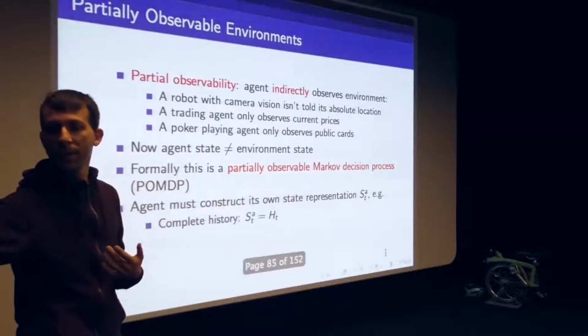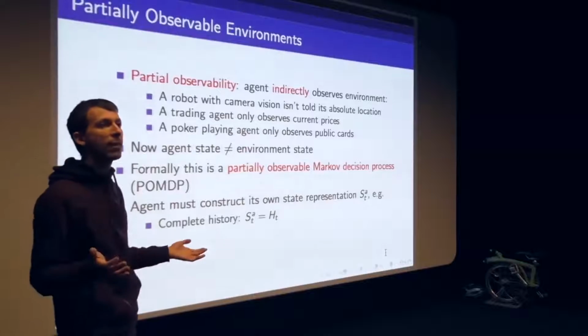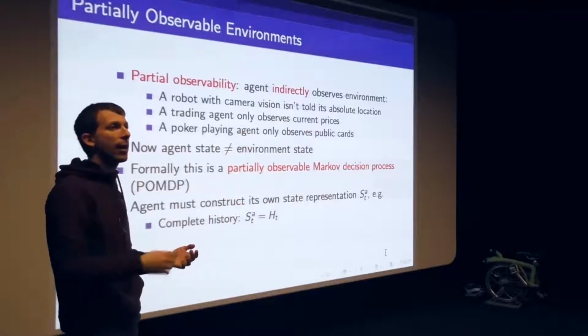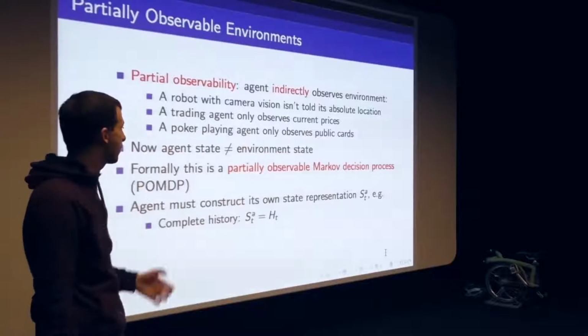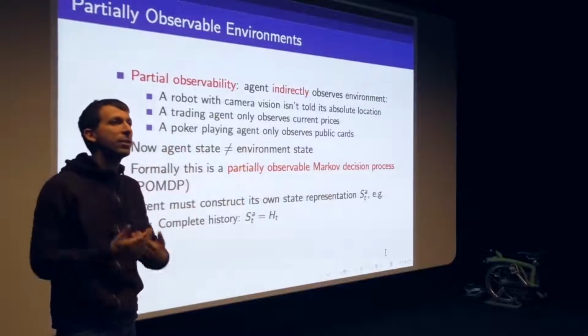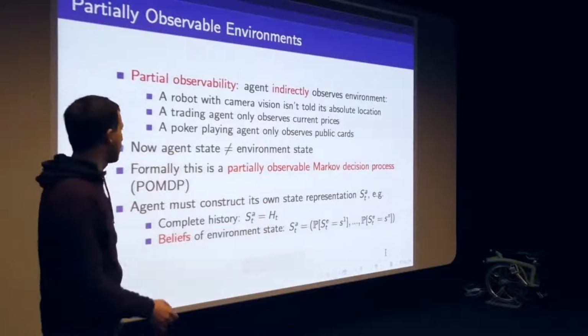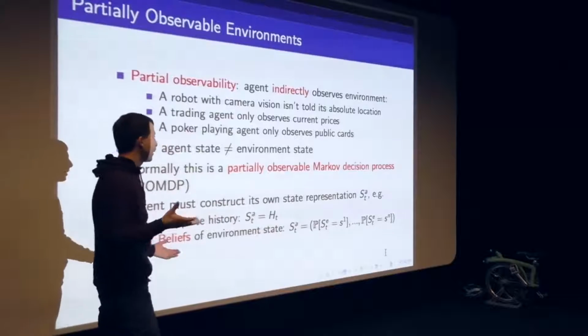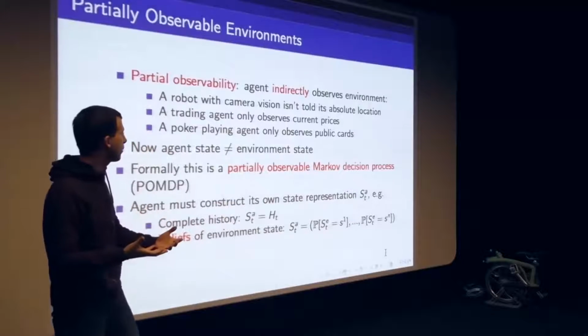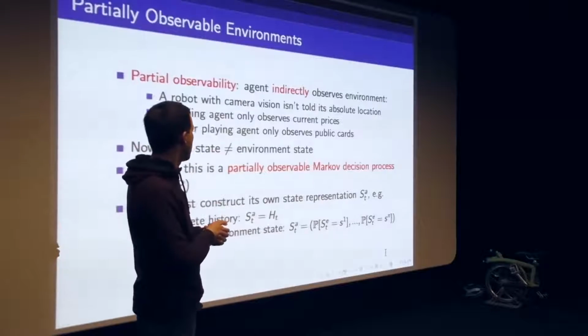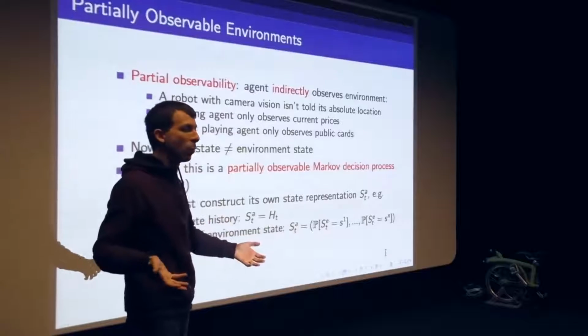Well, there's lots of ways we could do it. The naive approach is just to remember everything. So remember all of the observations, actions, rewards we've seen so far, and say, hey, that whole sequence is going to be our state. Let's work with it. Or we can build beliefs. This is the probabilistic or Bayesian approach. So at every step you build beliefs over where you think you are.